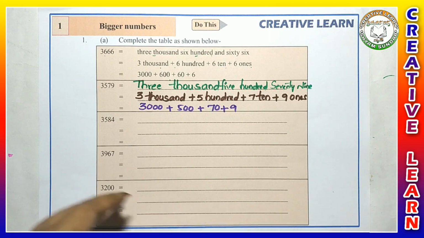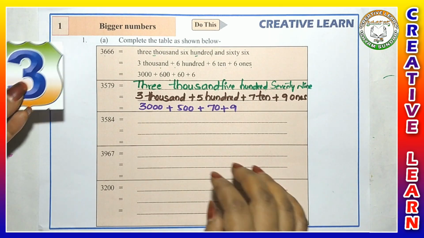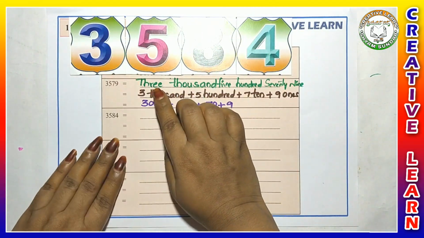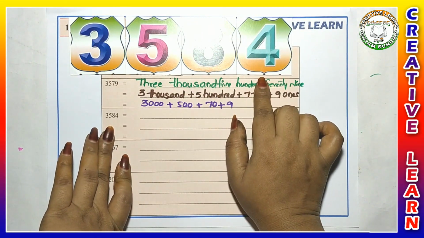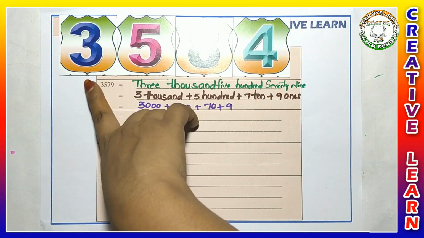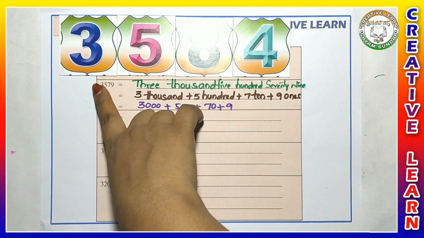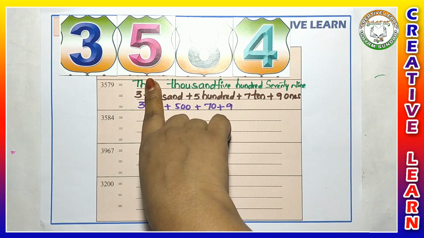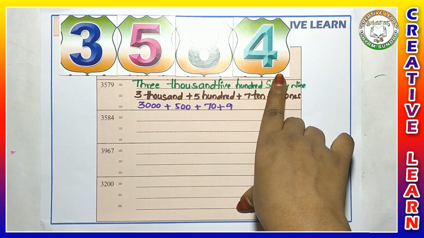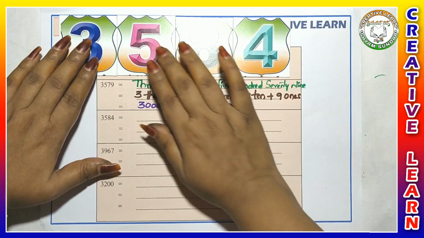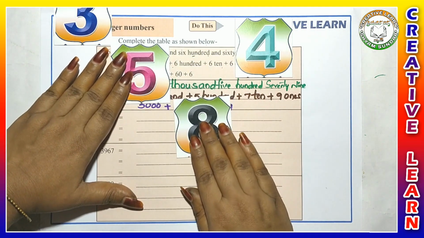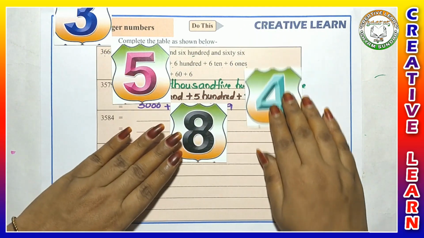3584. First, let's form the number. 3584. This is the number. The places: ones, tens, hundreds and thousands. So 3 in the 1000 place, 5 in 100 place, 8 in tens place, and the last 4 in ones place. Let's write the expanded form. 3, 5, 8 and 4.